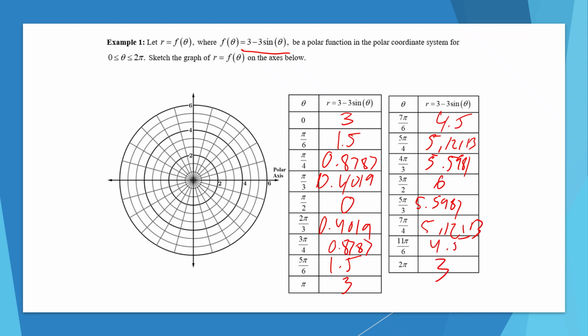So if we plot this, we start at 3, and then we have 6 there.